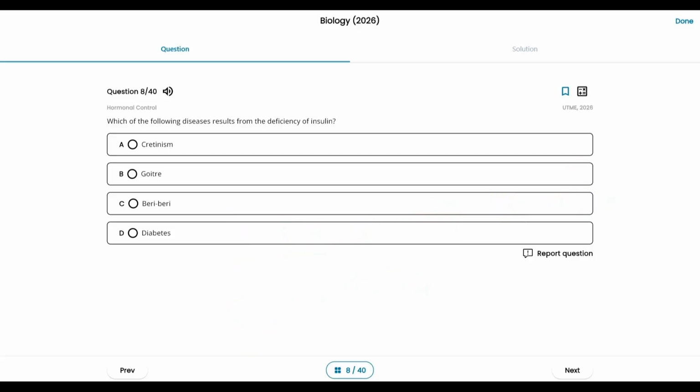All right. Understanding that, let's forge ahead. Let's look at the function of insulin. Its major function is to lower blood glucose.